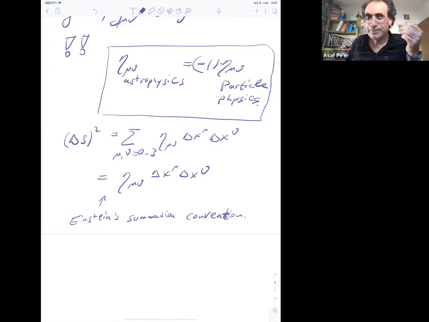Convention is just a T. And of course, Einstein did it to confuse the poor students. It states that every time we see an index that appears twice, once as an upper index and once as a lower index, we simply sum over it.